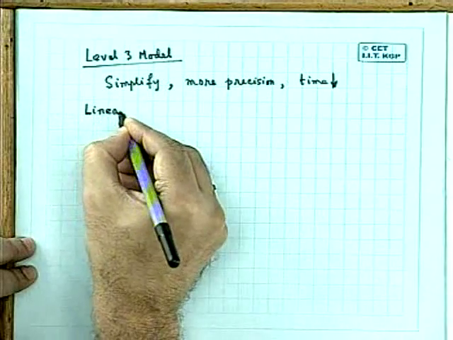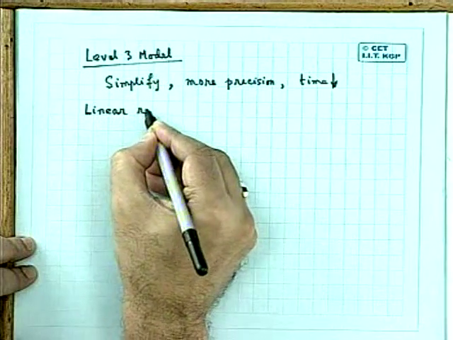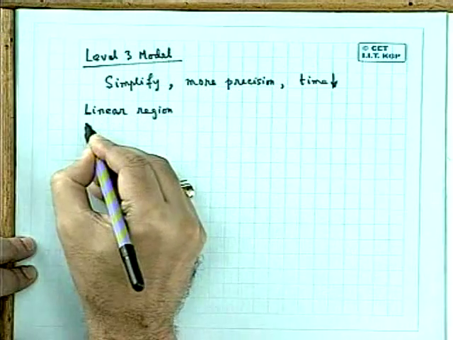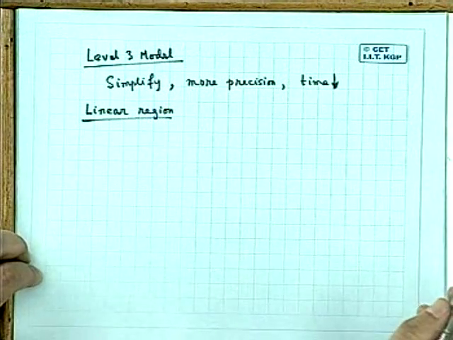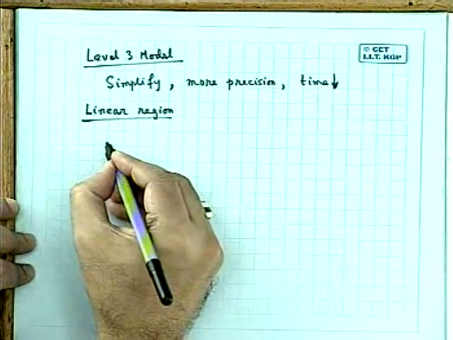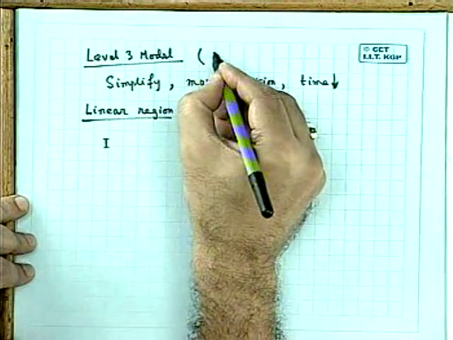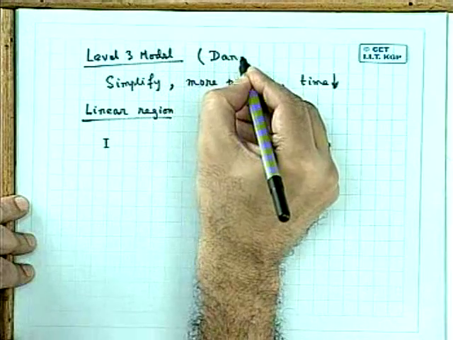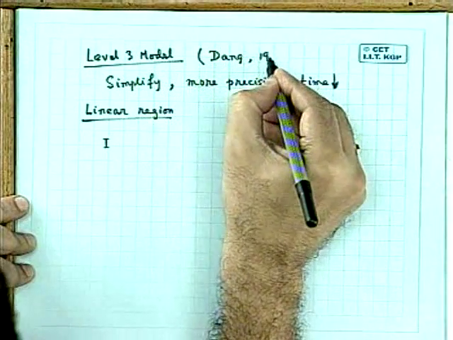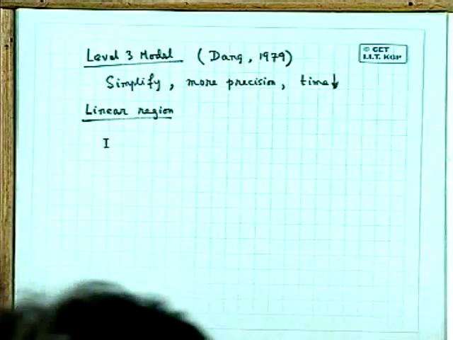For doing so, let us not go into the background of how it was done. An equation like the one for the linear region in level 2 was proposed, and that is the main paper by Dang in 1979. This is the original paper, and thereafter it was modified.